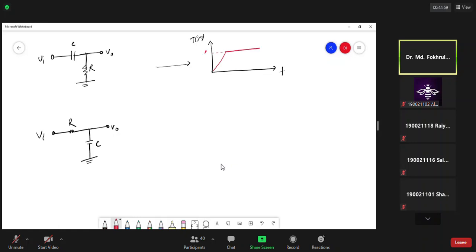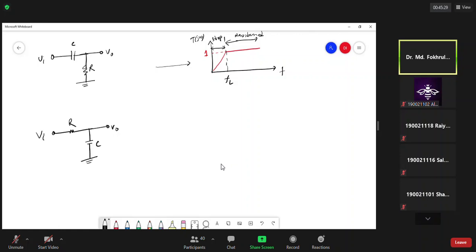It was like unity. So basically, if you mark here, it is FL, and this is basically the pass band. And this portion was the stop band.